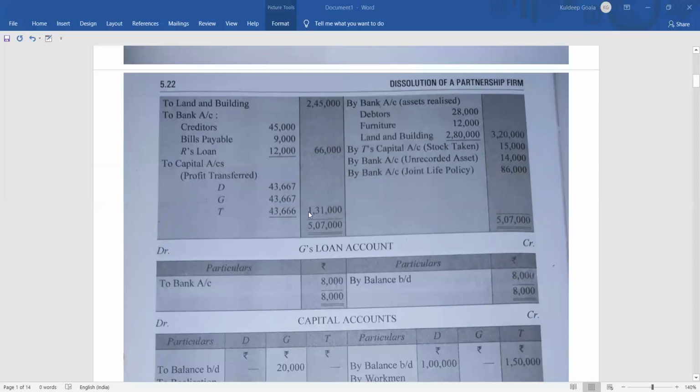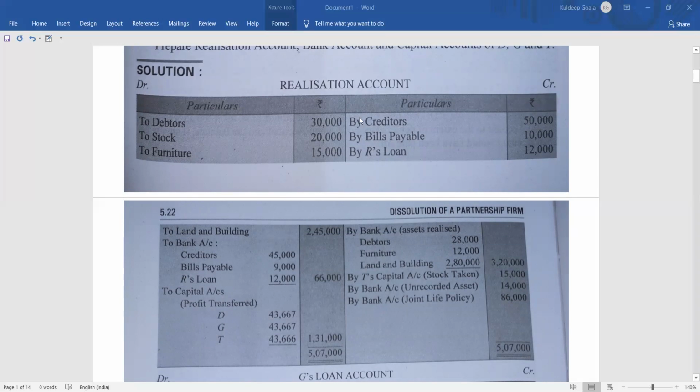After that, we'll go to the credit side and see if there is any partner related item. Yes, there is one partner related item, that is T's capital account, stock taken over 15,000. We have already seen the journal entry, that is T's capital account debit to realization account, isn't it?